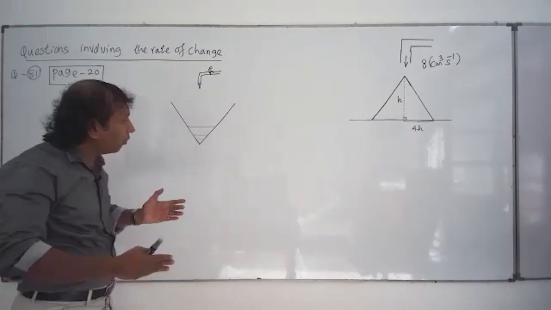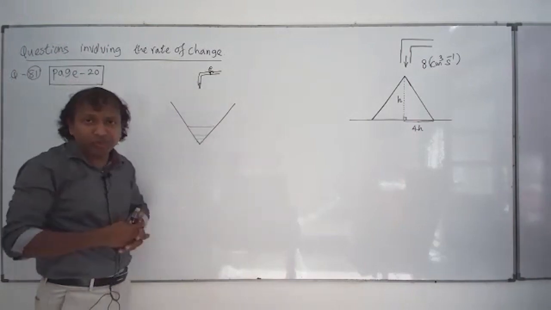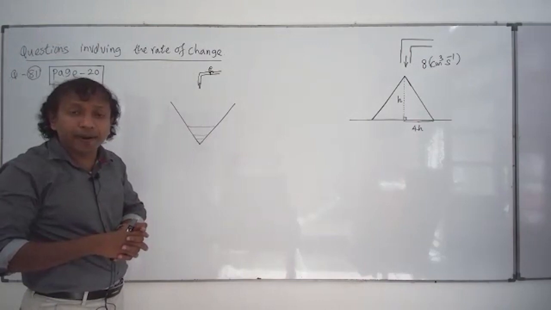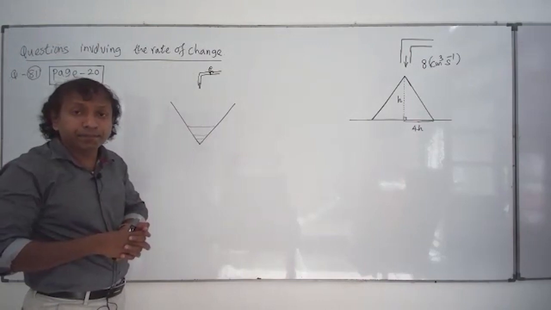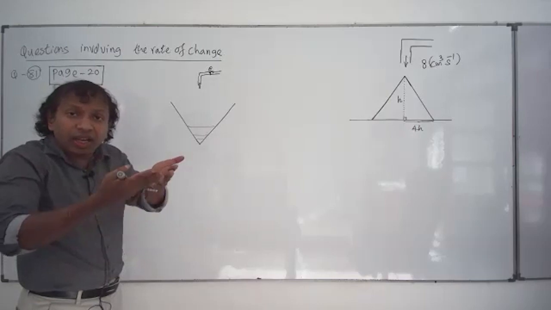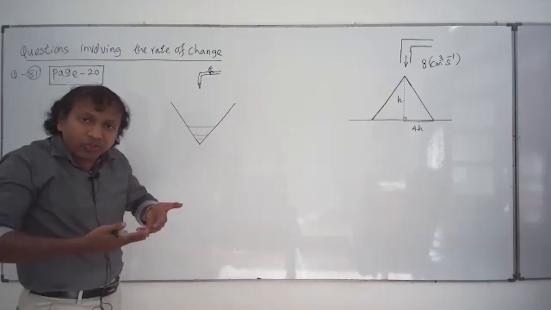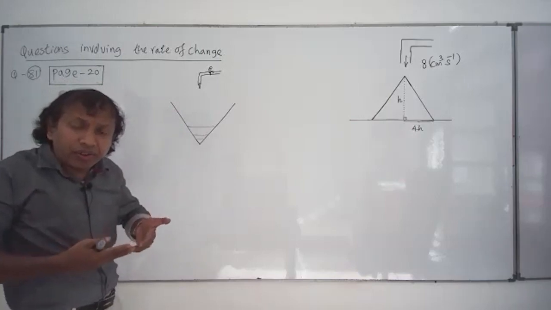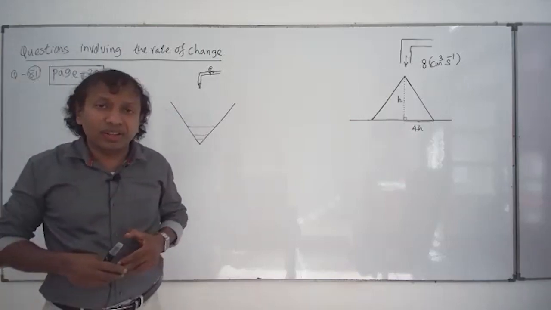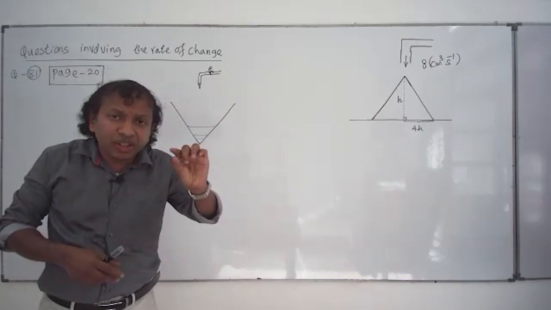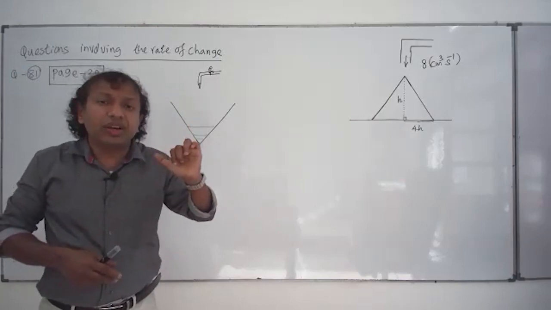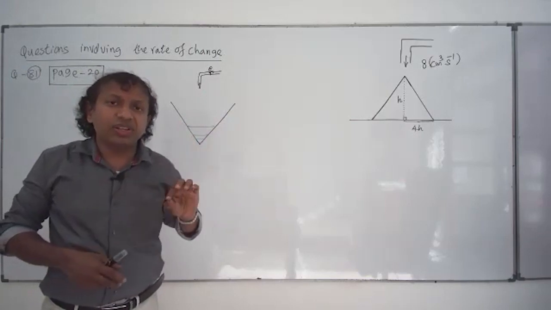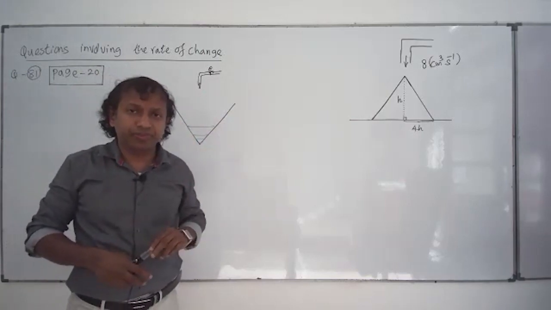You can see, people, according to the shape of the vessel, as time elapses the water level is always increasing, that's true. But the amount the water level increases in 1 second gradually decreases with time.